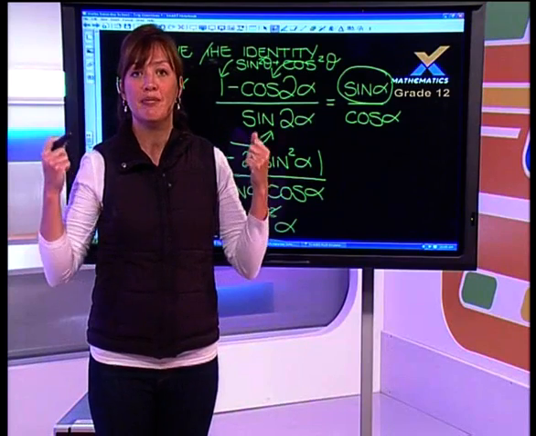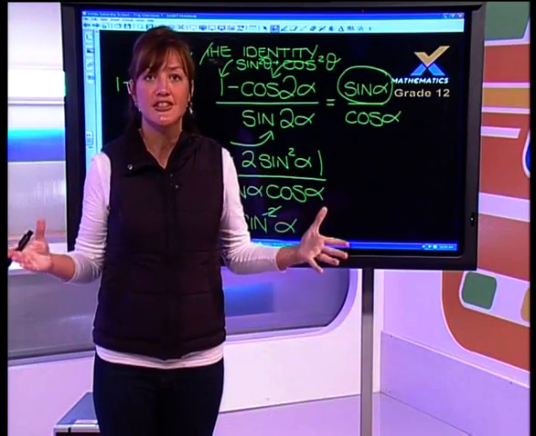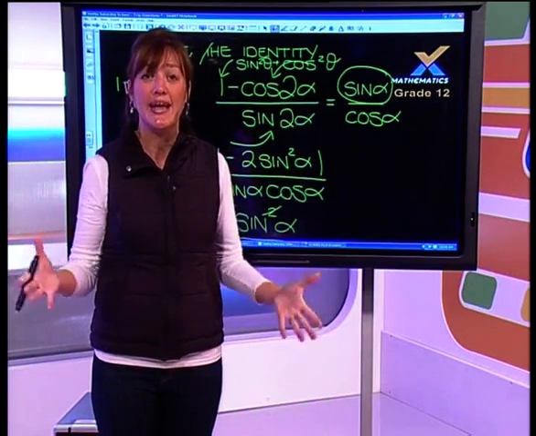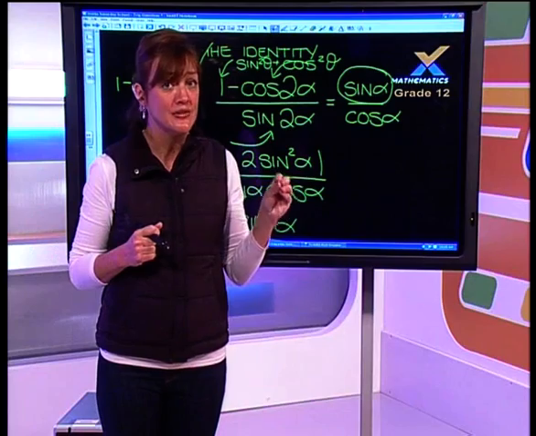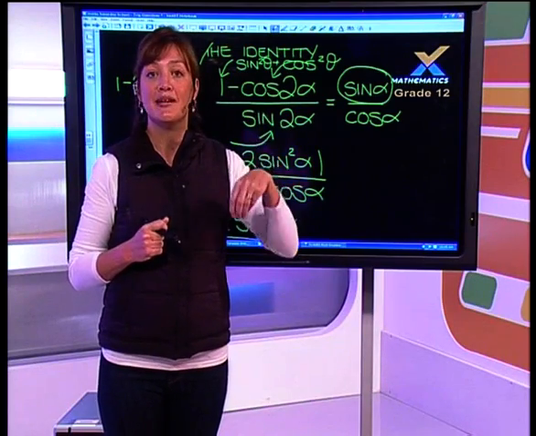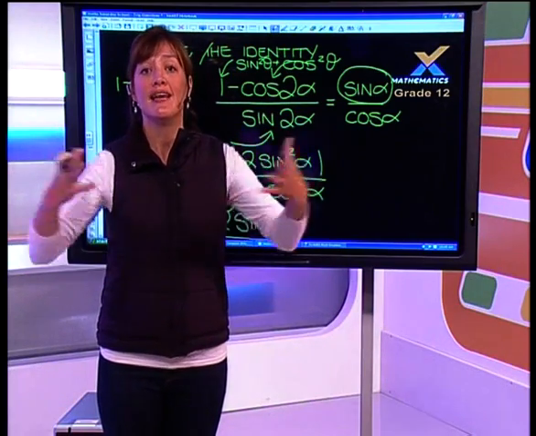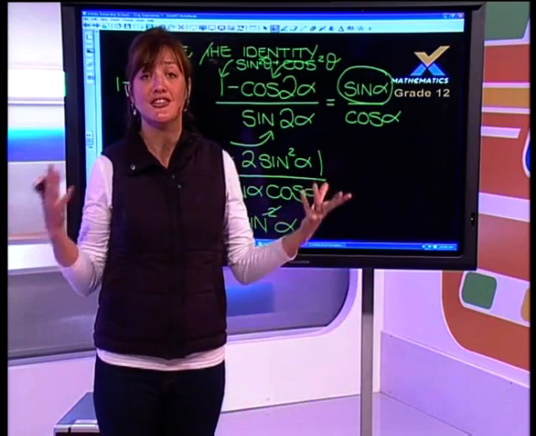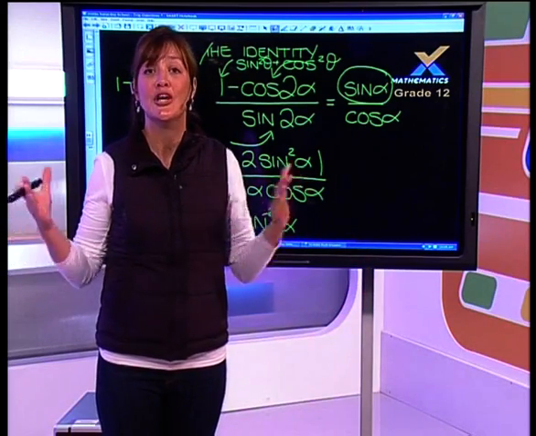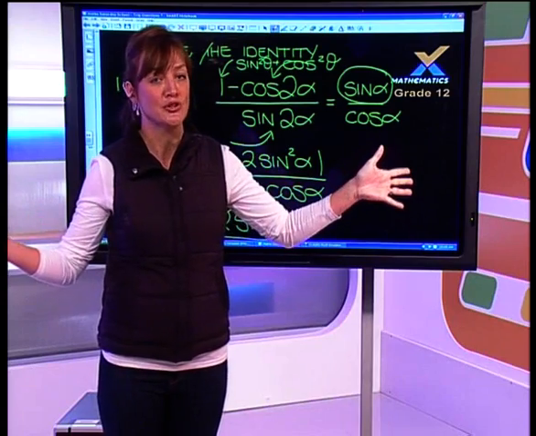So if you're ever in a stuck position, and you've got a 1 sitting in your sum, remember the possibility of taking that 1 and changing it into sine squared theta plus cos squared theta. You may just find doing that sorts your problem out.